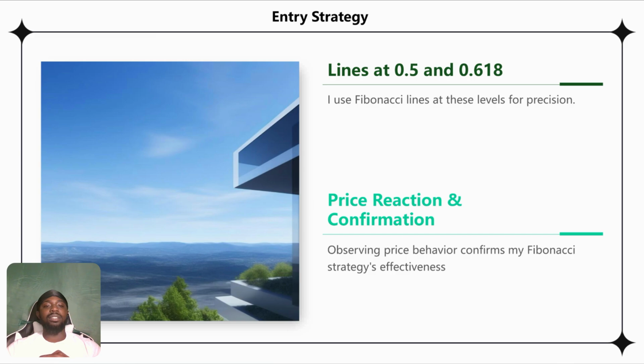So lines 0, 0.5, and 618, I use these lines at these levels for precision, price reaction, and confirmation. Observing price behavior confirms my Fibonacci strategy and effectiveness.